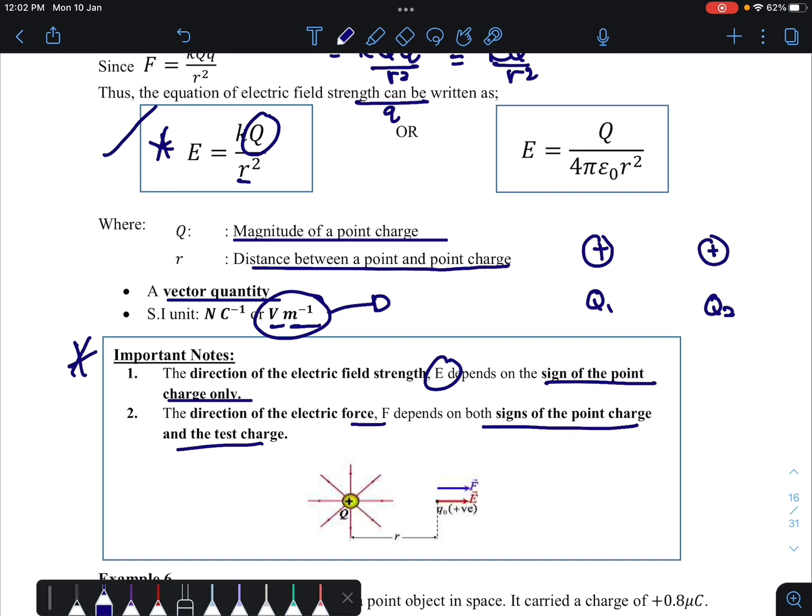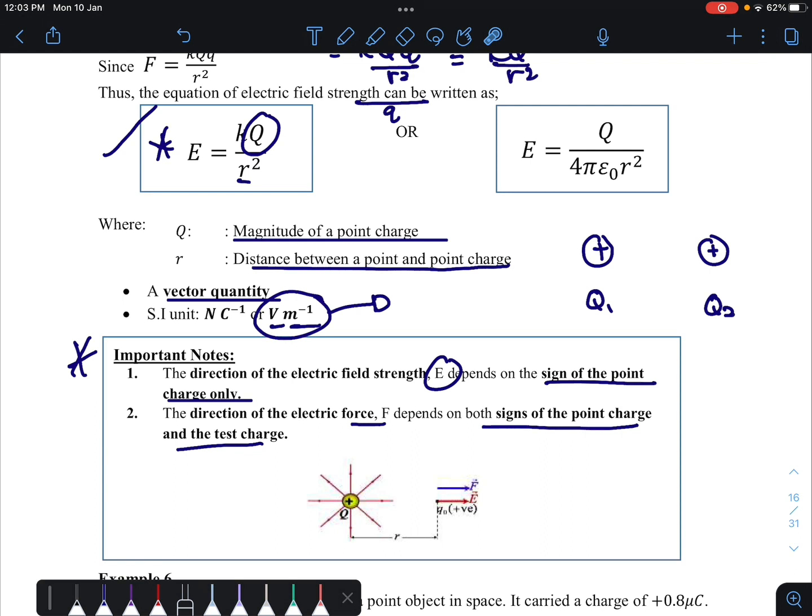Q1 is our point charge, so let's say we make Q1 the point charge, Q2 automatically becomes the test charge. When we want to find the force, we look at the sign of both charges. This one is positive, this one is positive, and our point charge is the object. So positive will repel, therefore you're going to experience force to the left.